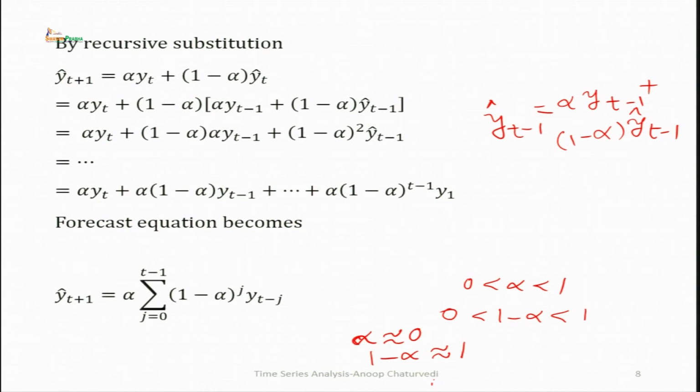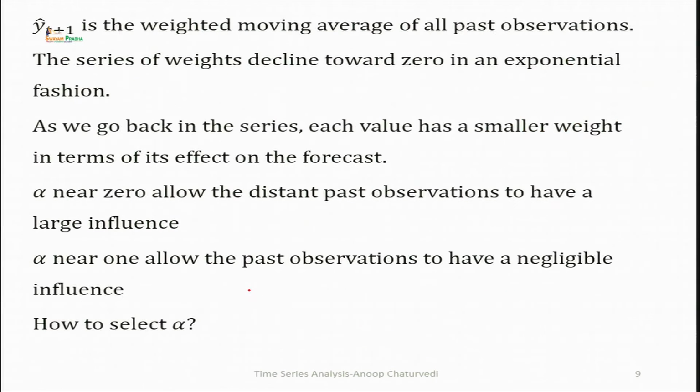So, with increasing j, 1 minus alpha to the power j is not going to decrease very fast. So, the past values are also getting larger weightage.